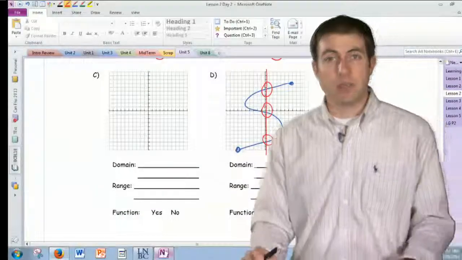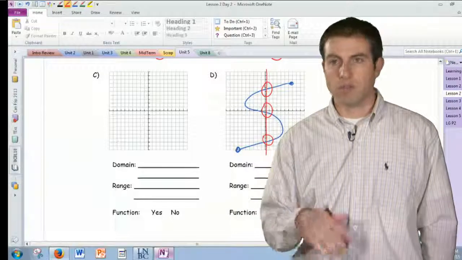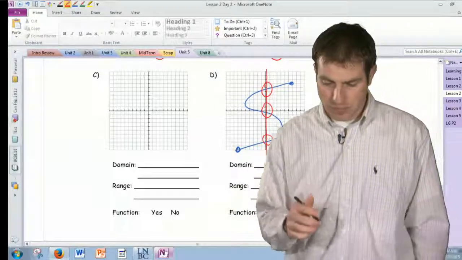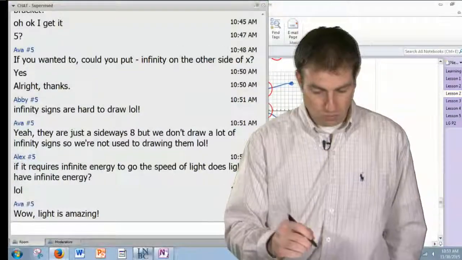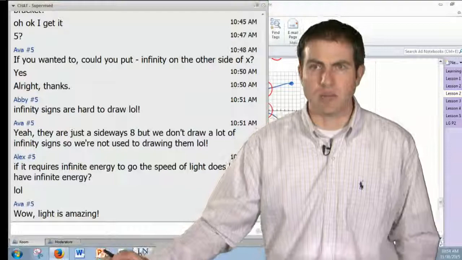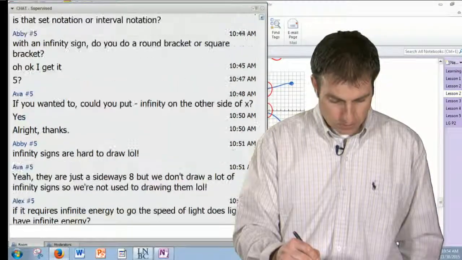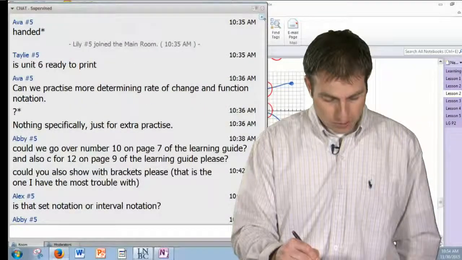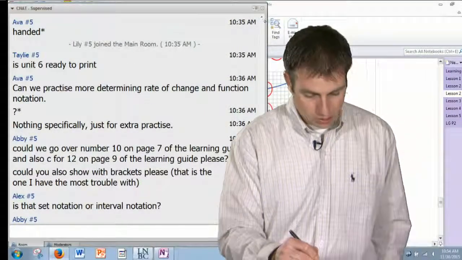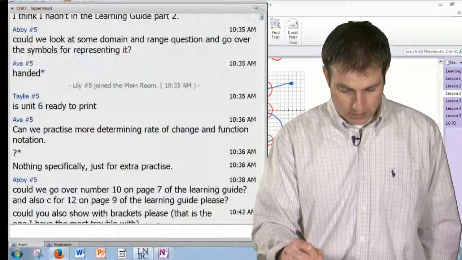Okay, I didn't see anybody put any further questions in regards to domain and range. So if something else comes up later, that's fine. There was some other stuff in chat that we needed to discuss. I'm going to just scroll up here. Can we practice determining rate of change in function notation? Yes, we can do both those things.